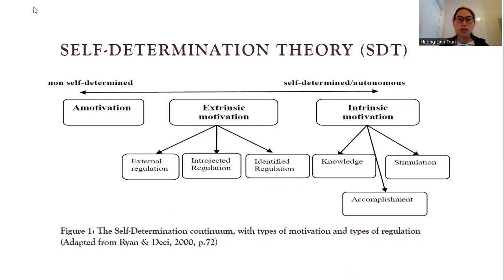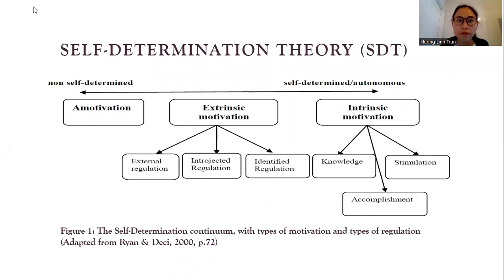And then the next type of motivation is extrinsic motivation. This type of motivation is categorized into three sub-types of motivation, and they are external regulation, introjected regulation, and identified regulation.